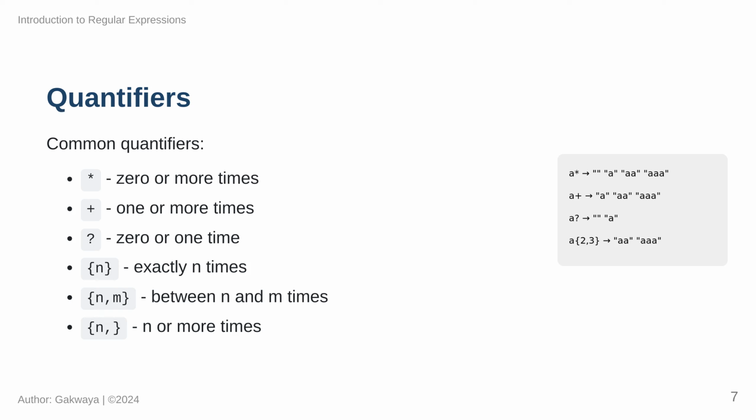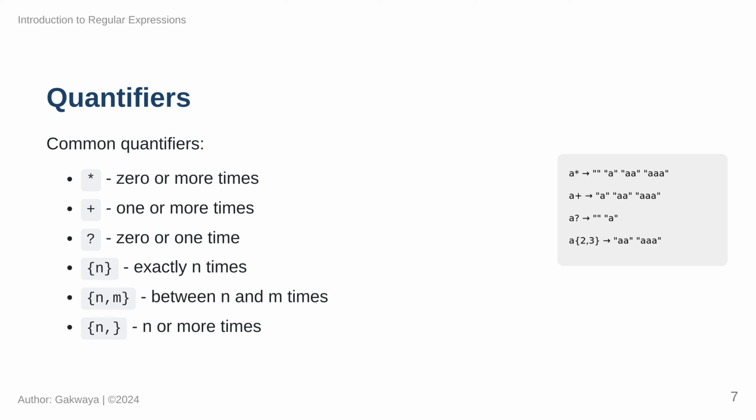Quantifiers are how we specify repetition in regular expressions. They tell us how many times a character or group should appear. The asterisk means 0 or more times. It's very flexible and will match whether the character appears or not. The plus sign means 1 or more times. It's like the asterisk but requires at least one match. The question mark means 0 or 1 time.